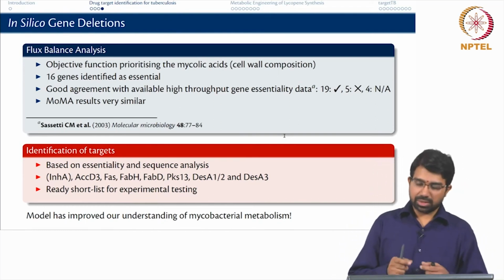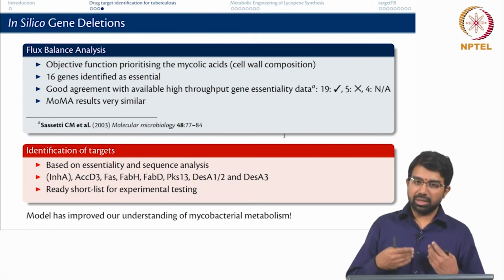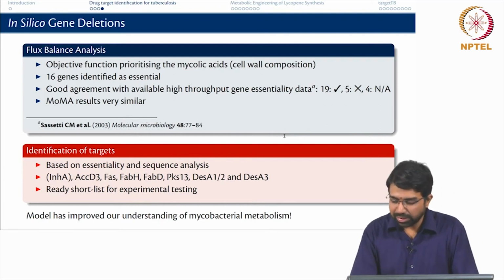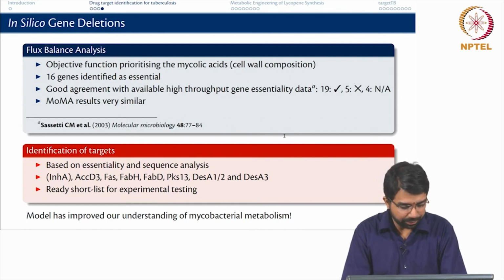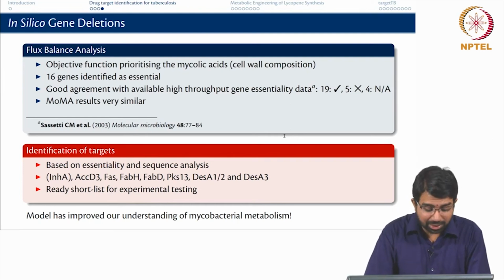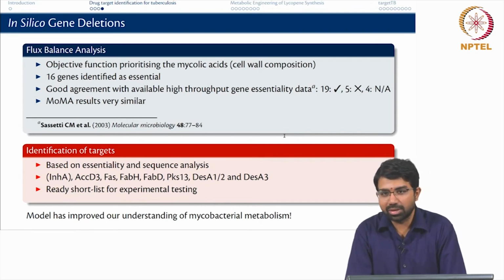So what it does is it knocks out every single gene in Mycobacterium and reports the phenotype. And essentially we had 19 agreements with this data, about 5 disagreements, and for 4 the results were not available. And it turns out though that in the Sassetti paper, INHA itself is not reported as an essential gene, even though it is a very well known drug target.